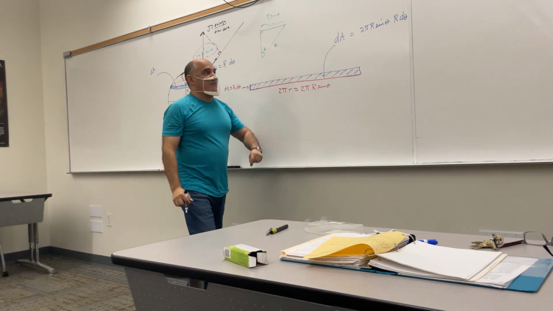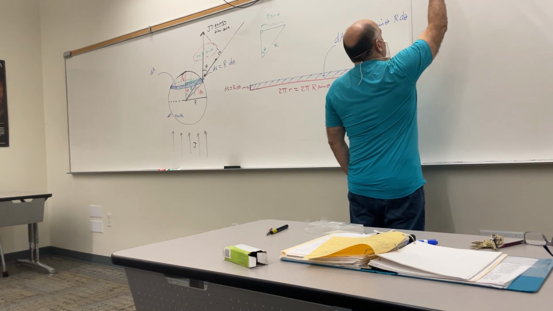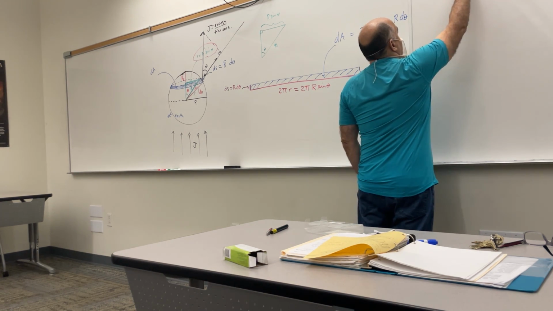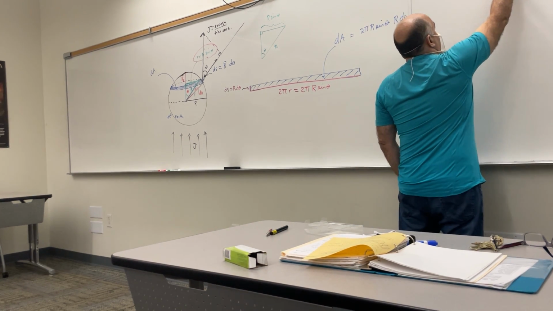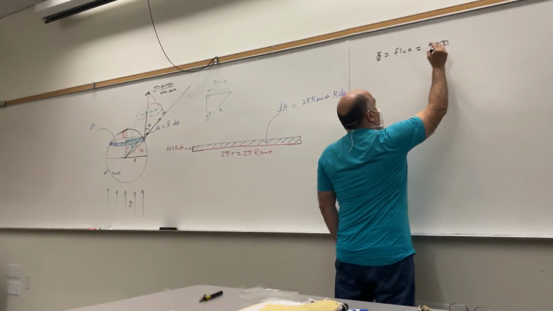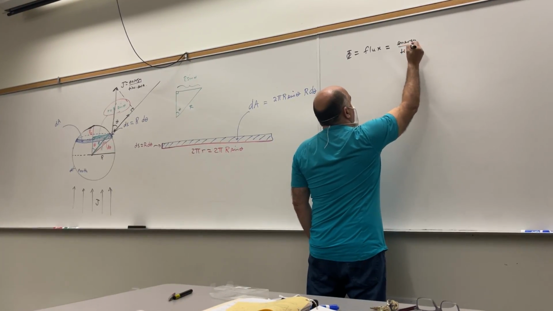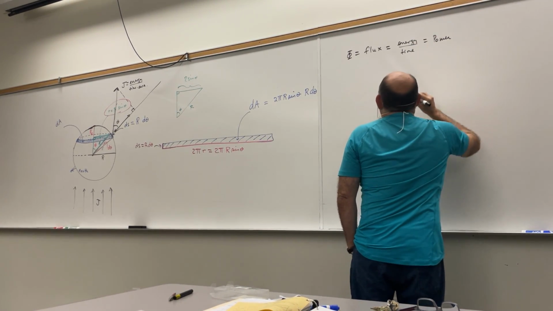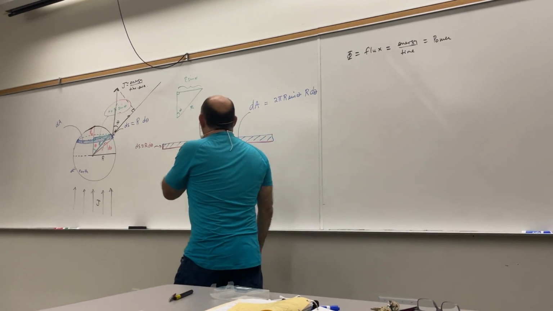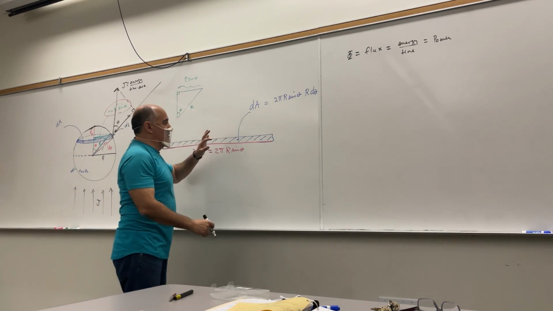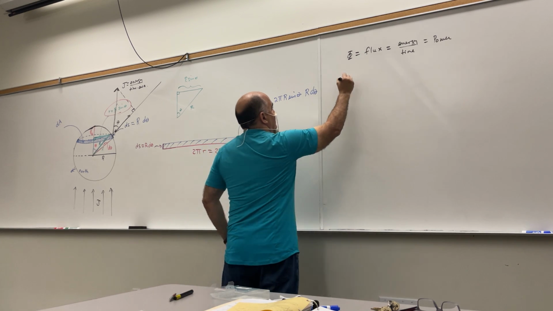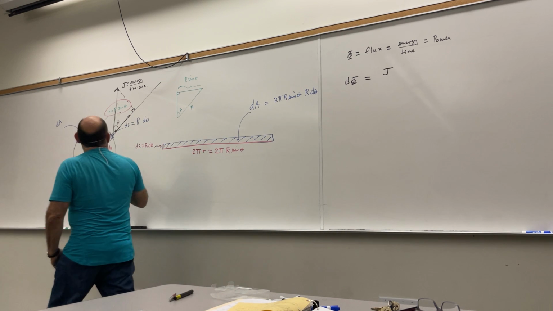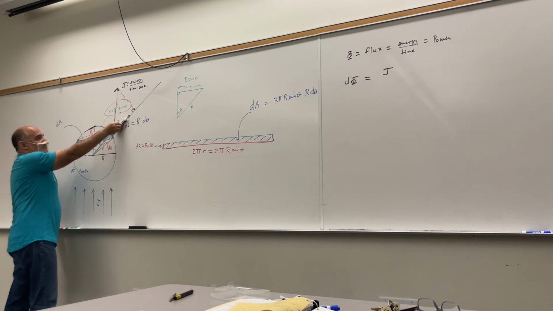So the total flux, let's call it phi, I'll just call it flux. Let's say this is the energy per unit time through all of that area. This is really power, right? You can call it dP if you like for power, but I'll just call it that. So the flux through only this strip of area would be J times the cosine of theta.